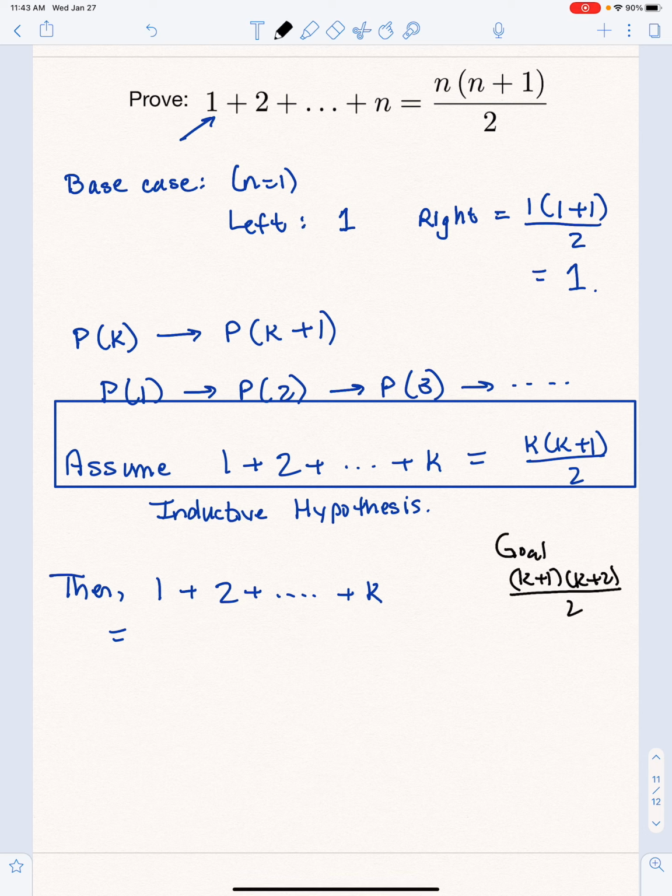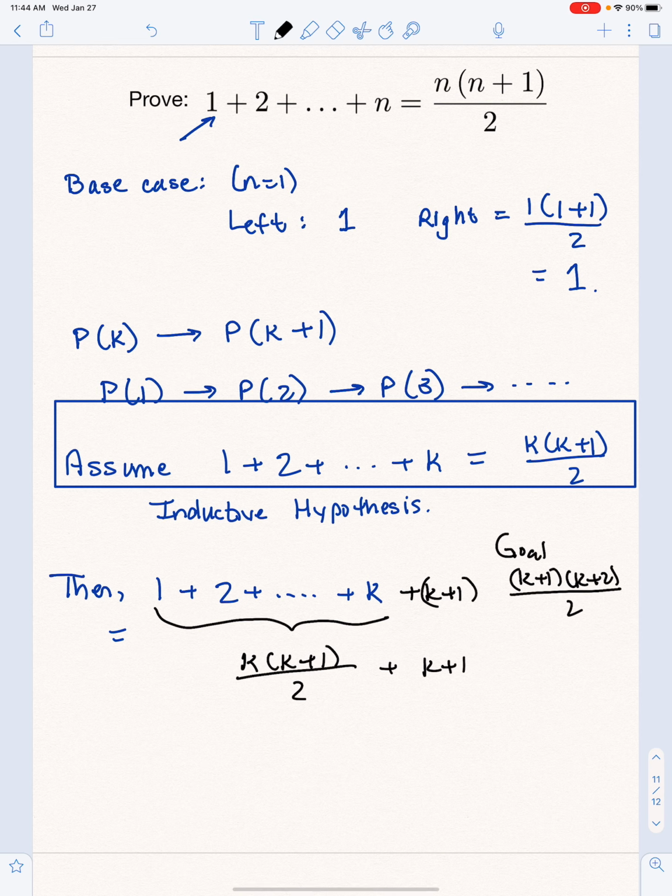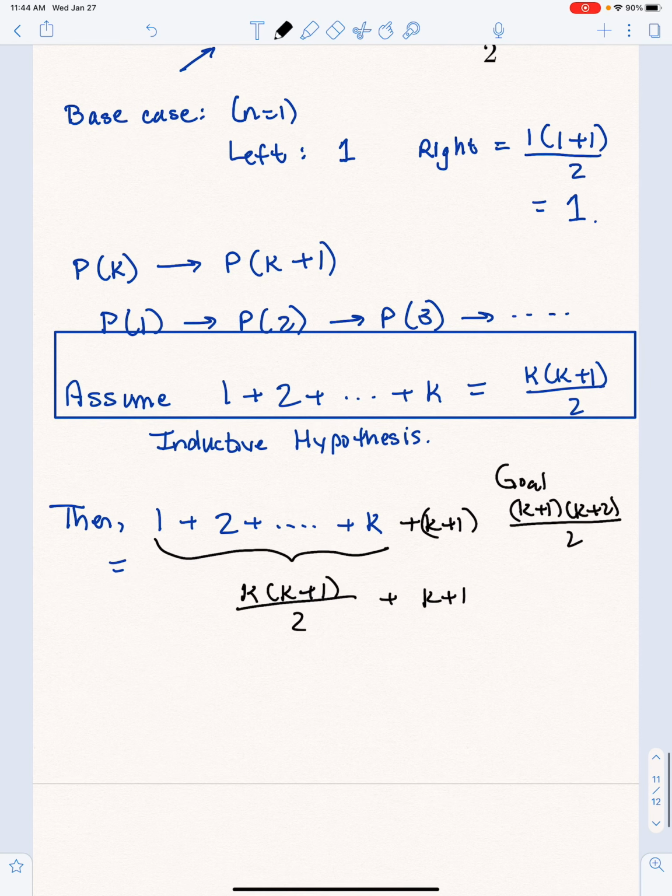So I'm going to add the k plus 1 here, and then using the fact that we know in the box, can we arrive at the conclusion? So that means all of this gets replaced with k times k plus 1 over 2, and then plus k plus 1. So we're hoping that algebraically it's equivalent to that goal over there.